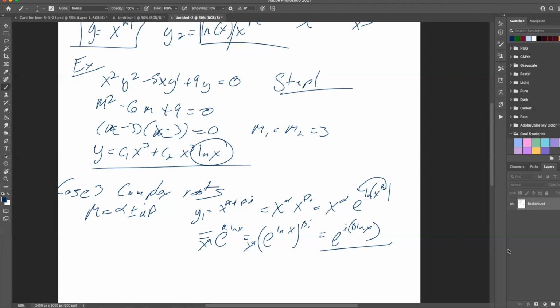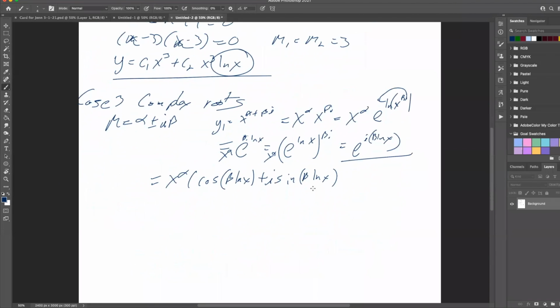Well, once I have this, you guys know we're going to leave the x to the alpha and convert that into cosine and sine. So here I have cosine of beta ln x plus i sine of beta ln x. And notice, this is a solution. But if this is a solution, then the real part needs to be a solution, and the imaginary part needs to be a solution.